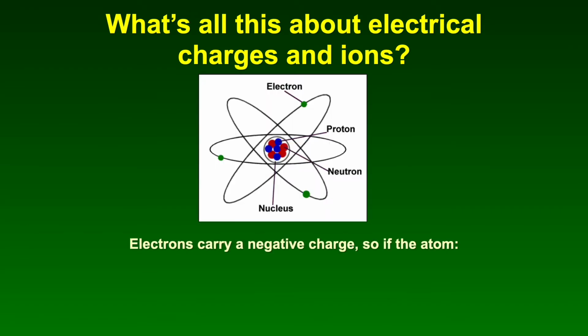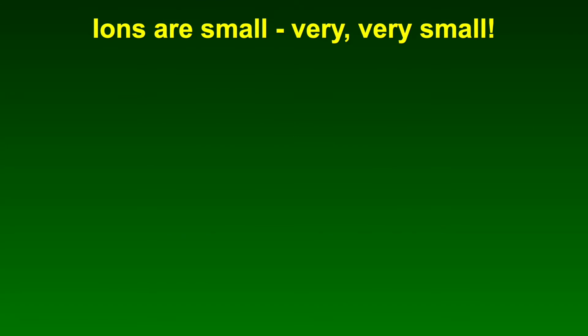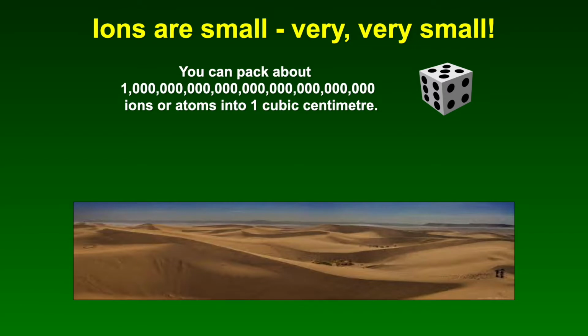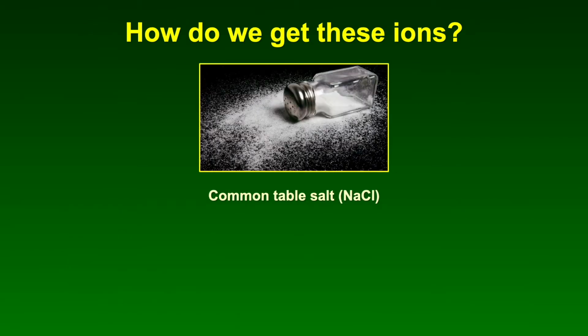This is an atom. An atom becomes an ion if it gains or loses electrons. A single glass of water contains more atoms than there are grains of sand in the world.